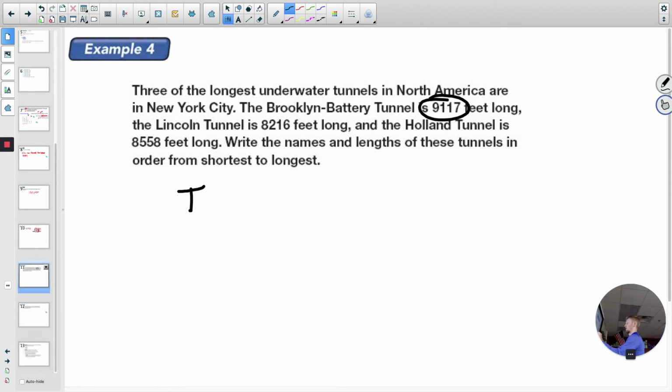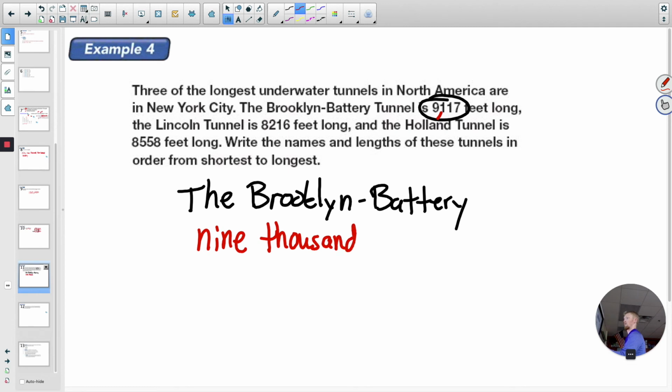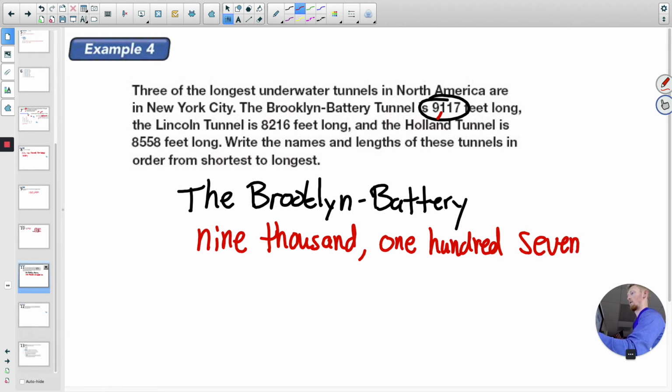So the Brooklyn Battery. And then you're supposed to write out the name. 9, I like to add my comma. 9,000, 117 feet.